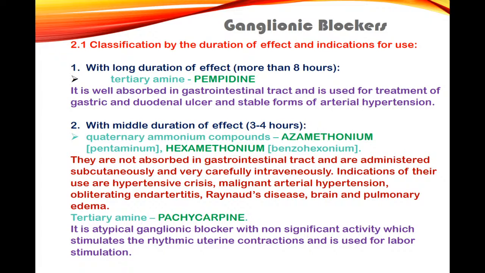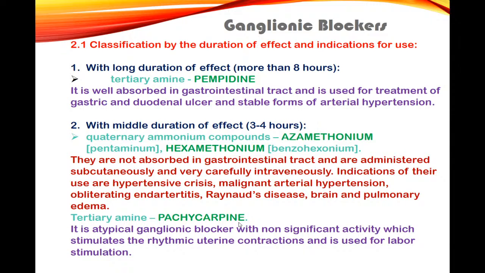This can cause a sharp decrease of arterial pressure and orthostatic hypotension. These drugs are sometimes used for treatment of hypertensive crisis, malignant arterial hypertension, obliterating endarteritis, Raynaud's disease, and brain and pulmonary edema caused by arterial hypertension.